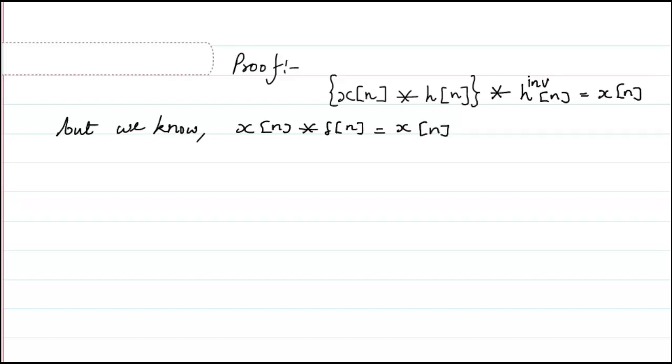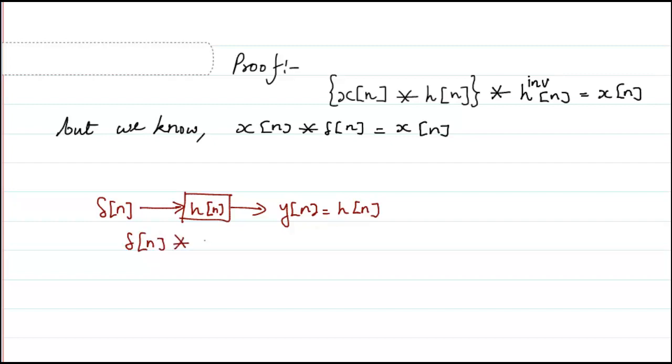If you remember, if we have a system h of n and I want to know what h of n is, I already told you to give the input delta n, then you will get at the output y of n, which is equal to h of n. Why does that happen? Because if you do delta n convolved with h of n, the output will be h of n itself. So if you convolve any value with delta n, you will get the original value back.